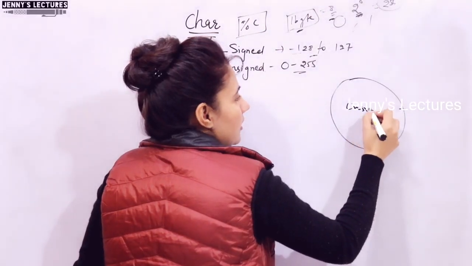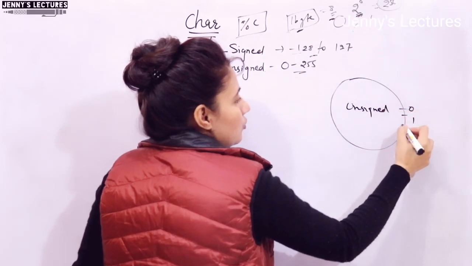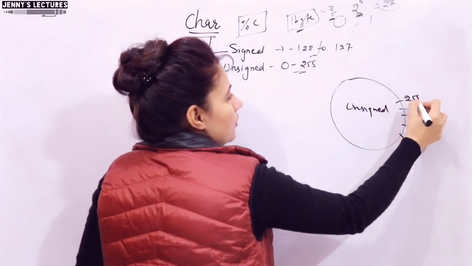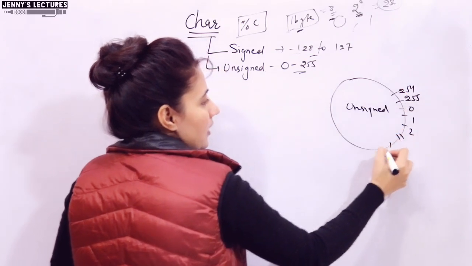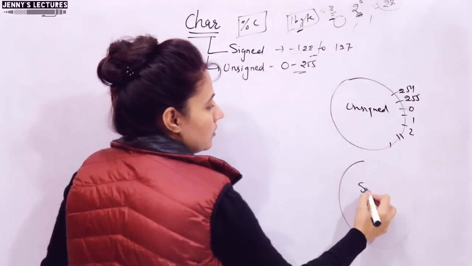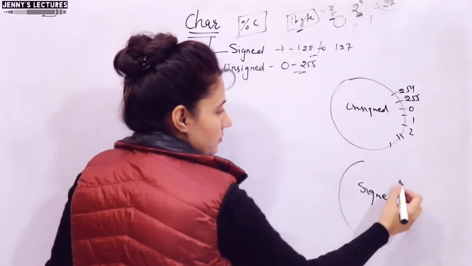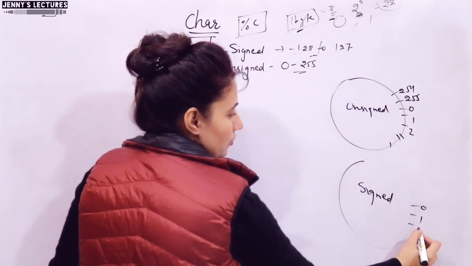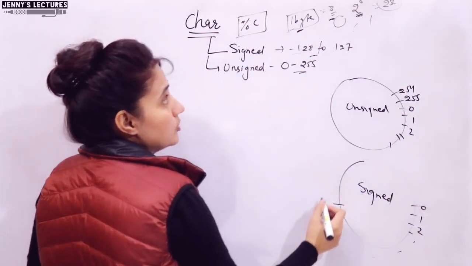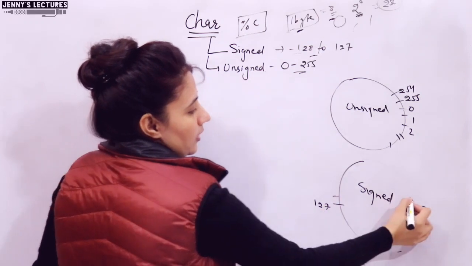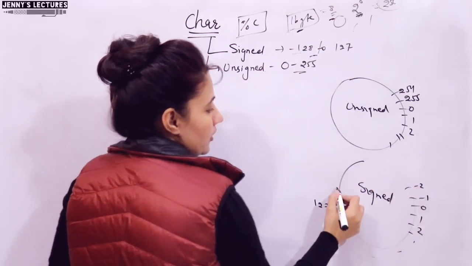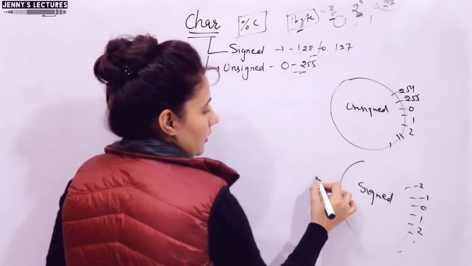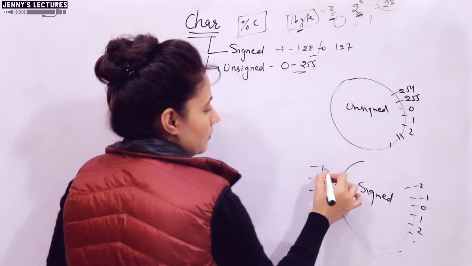This is for unsigned char, from 0 to 255, like this, and this is for signed char. Starting at 0, clockwise we have positive values till 127, and anti-clockwise we have -1, -2, till -128, right?